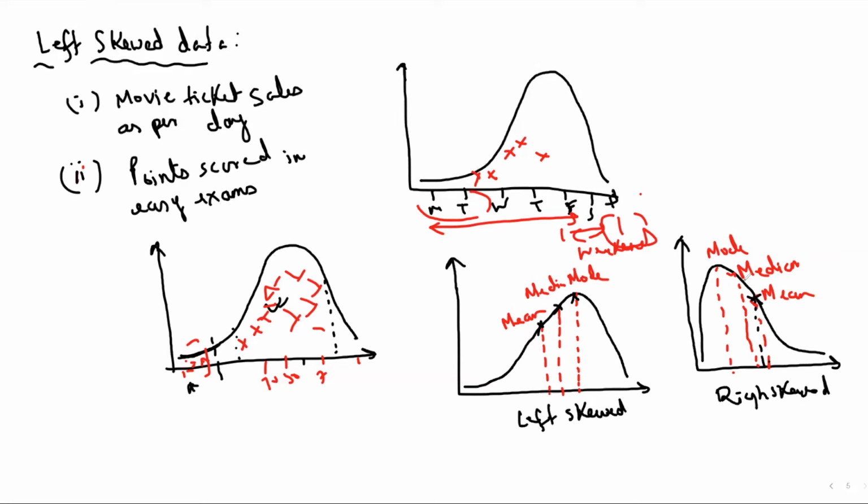This will be half of the data, this will be half of the data, right? So here will be the mean for right skewed, and here will be the mean for left skewed. This is just to make you understand where our measures of central tendency lie in terms of skewness. So this is all about skewness, where I discussed what skewness is, what the types of skewness are, and what the examples of the skewness types are.